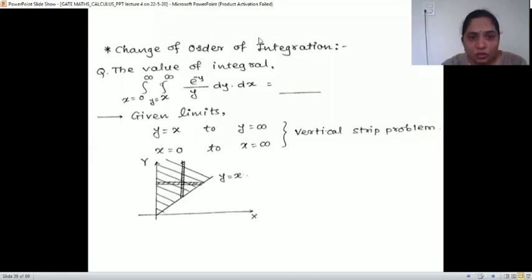If we go out of Zoom, please come back early as we have less than 1 minute, otherwise it will get stopped. Then these are the limits of integration, so we have to draw them. So y is equal to x line.